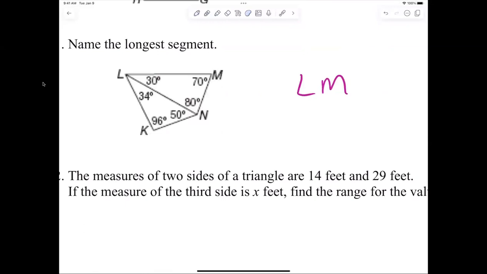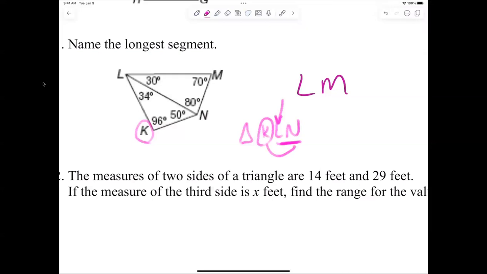I've said this before and I understand your confusion. Look how easy this is. If I say what's opposite angle K, what three letters are in the triangle? I'm in triangle KLN. What side is opposite K? Automatically LN. If I say what's opposite angle L, KN.